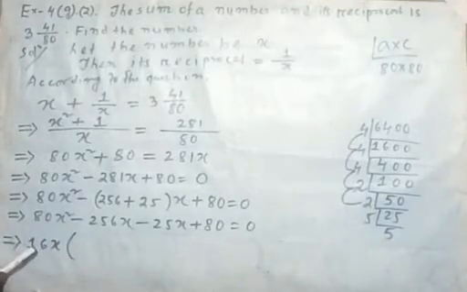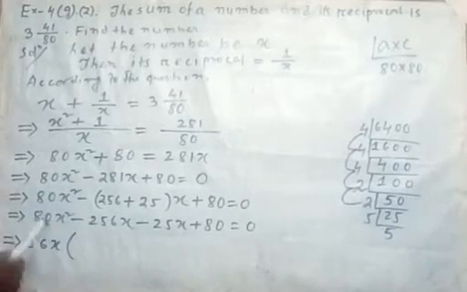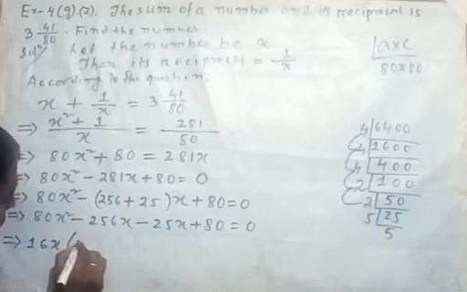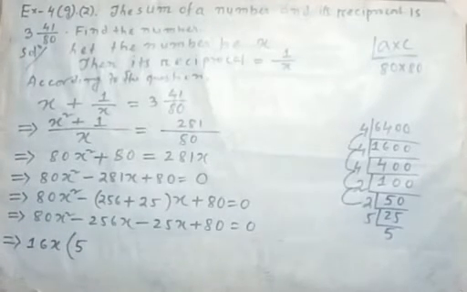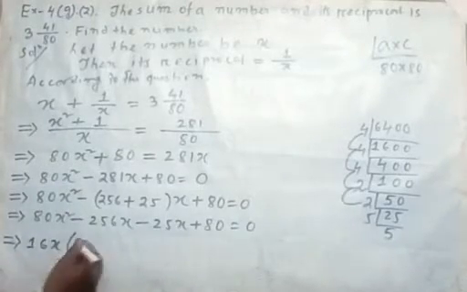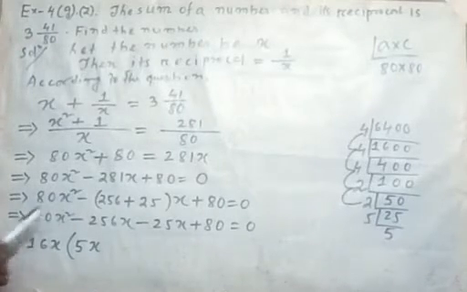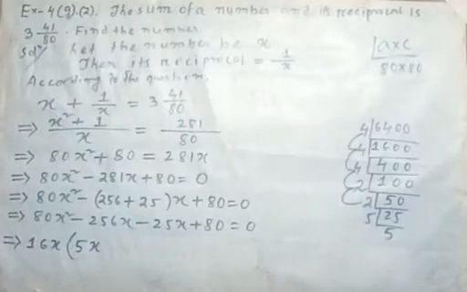From 80 we have taken 16 common. So 16 into how much is 80? 16 into 5 equal to 80. Okay. Then x square, x is taken common. What is remaining? Single x. x into x, x square, 5 into 16, 80.